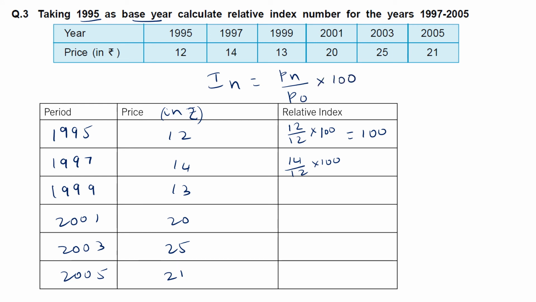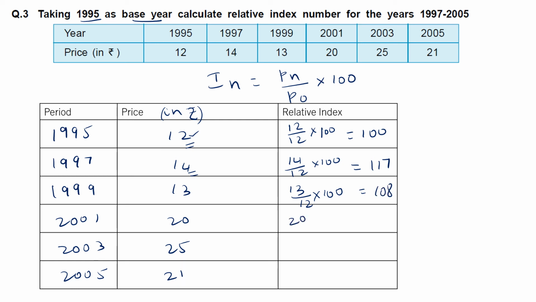So for 1997 it will be the price in 1997 upon the price in the base year into 100. So it is 14 by 12 into 100, which is approximately 117. Then for 1999 it is price in 1999 upon price in the base period 12 into 100. So this is equal to 108.